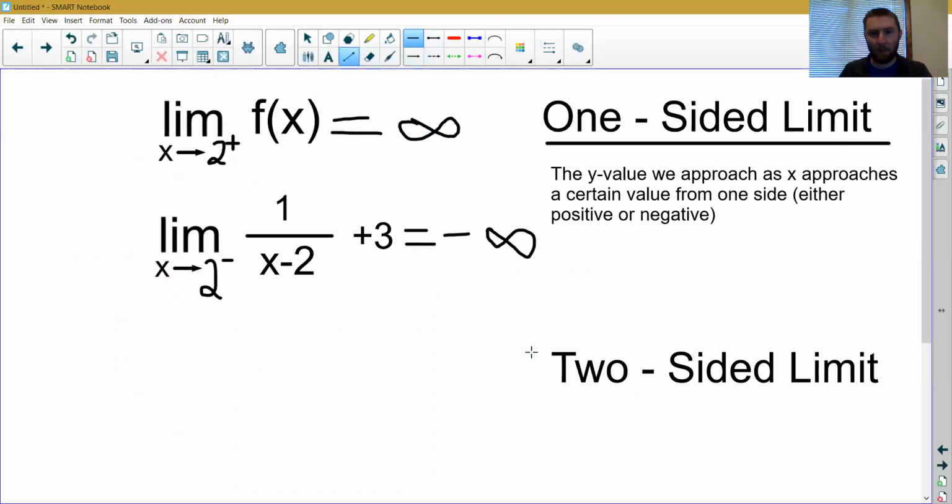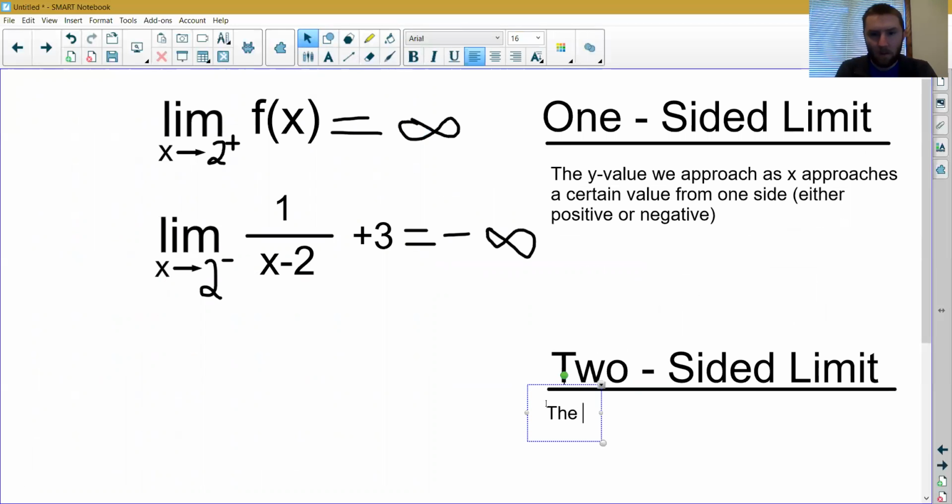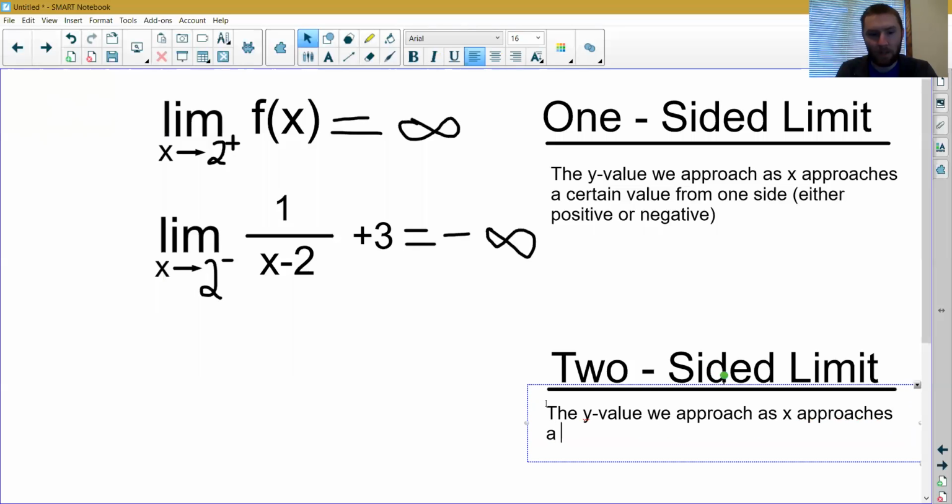A two-sided limit is the y value we approach as x approaches a certain value from both sides.